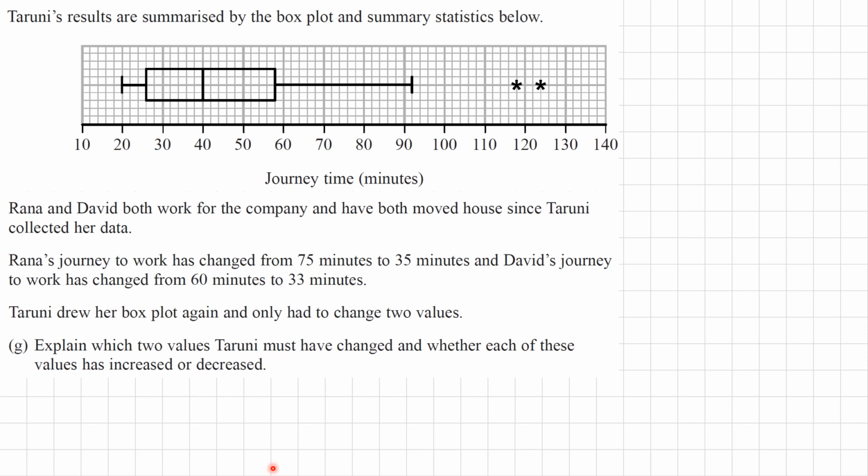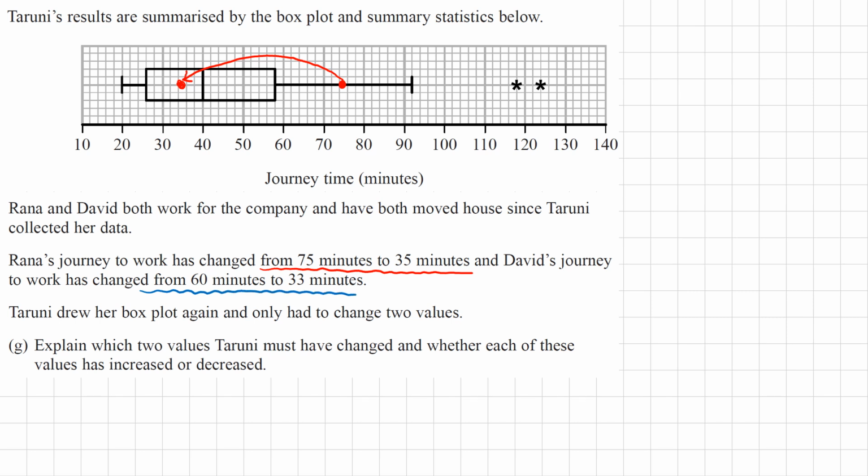Okay, so what I'm going to do is actually show these on the box plot here. So I've got a journey that's changed from 75 minutes, so that's going to be in this sort of position, down to 35 minutes, so that's going to be here. So we've got a value that's moved over here, and then we've also got David's journey, which has changed from 60 minutes, this is also decreased in time, to 33 minutes.